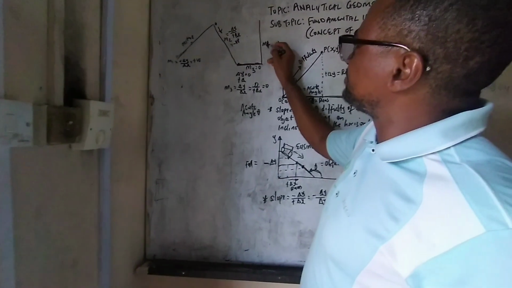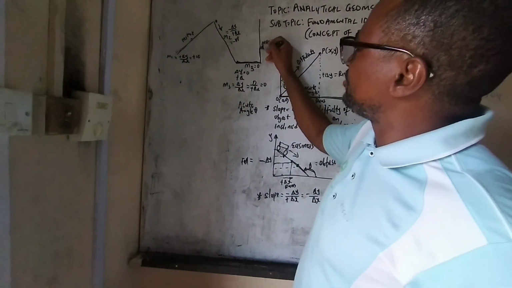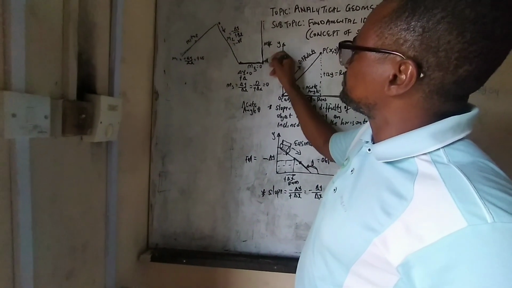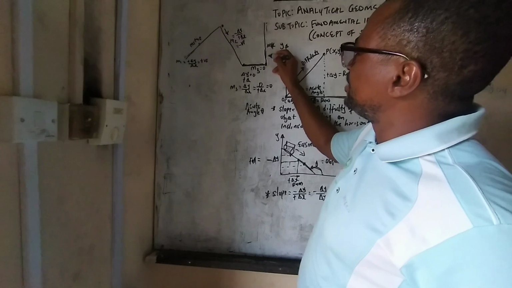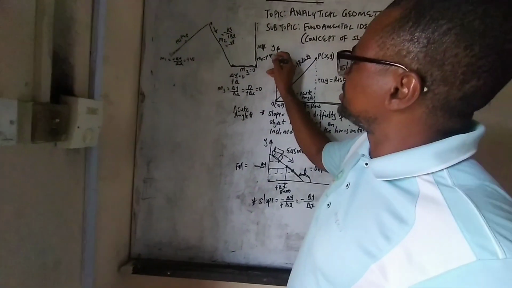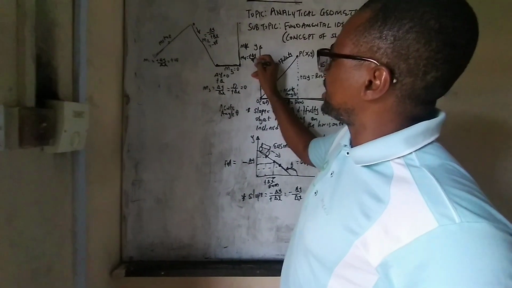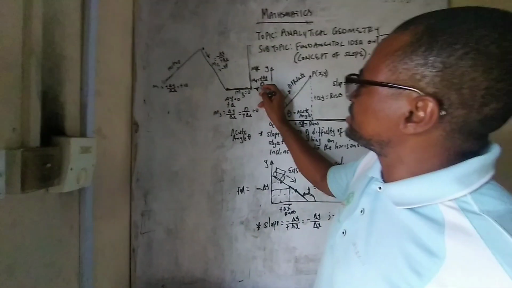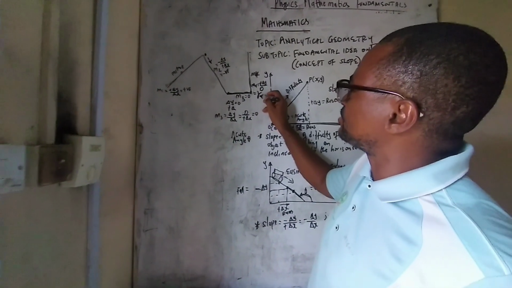Now, if you look at this vertical line, if you are moving from here up, there is a positive change along the vertical, but there is no change along the horizontal. So the slope m4 will be plus delta y divided by 0. So this slope here is infinite, that is undefined.